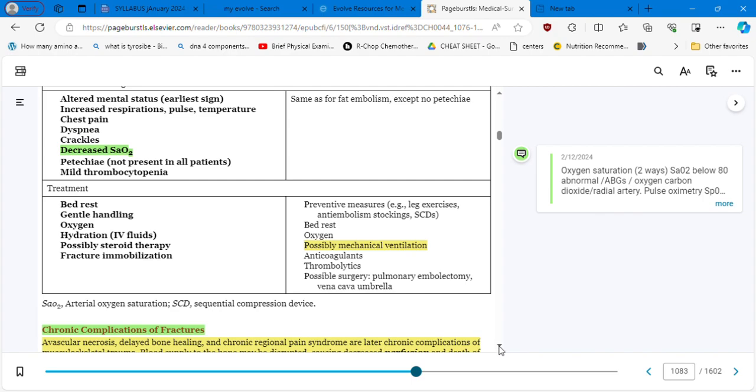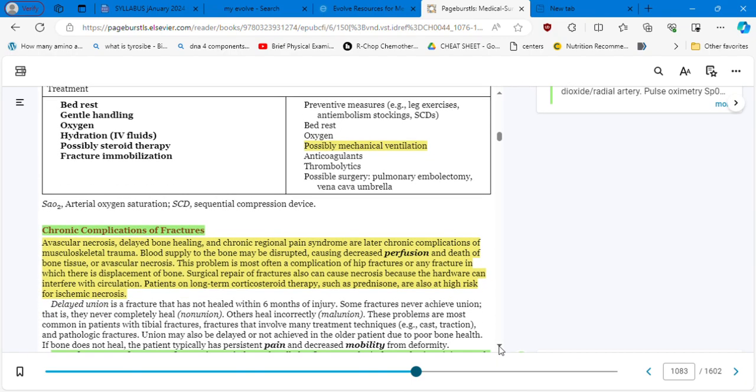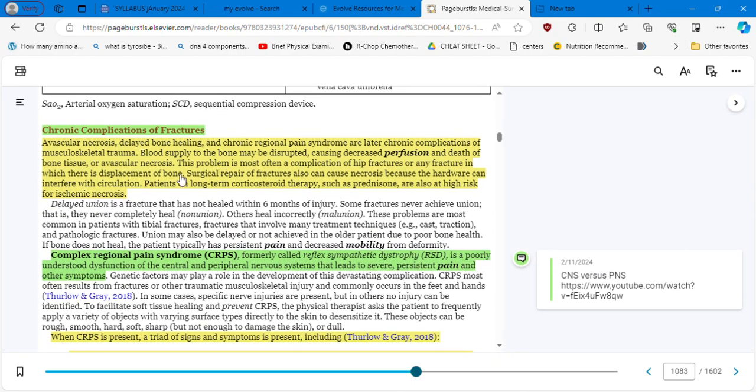Let me continue with chronic complications of fracture. Avascular necrosis, delayed bone healing, or complex regional pain syndrome are later chronic complications of musculoskeletal trauma. Blood supply to the bone may be disrupted, causing decreased perfusion and death of bone tissue, or avascular necrosis.